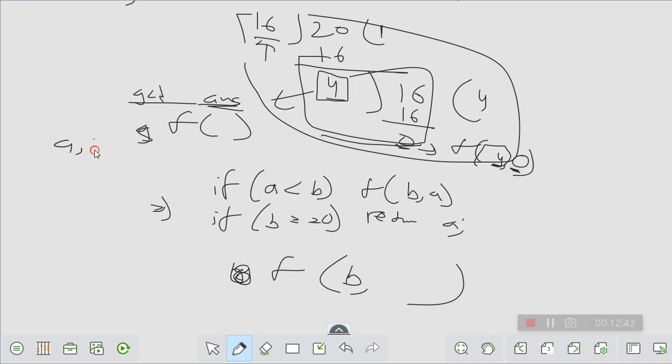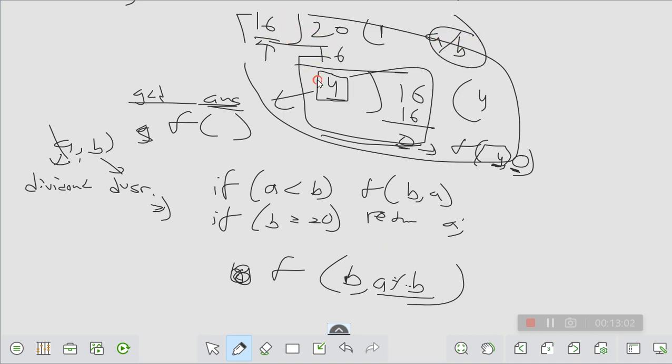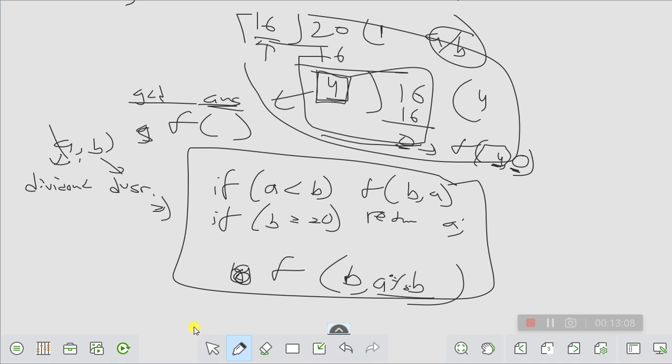Like if I do something like this, then I'm going to take this as dividend and this as divisor. My divisor is now going to be the remainder of the division, like this is a divided by b, so whatever the remainder is after division is going to be my new divisor. So this is what I'm going to write in the code.